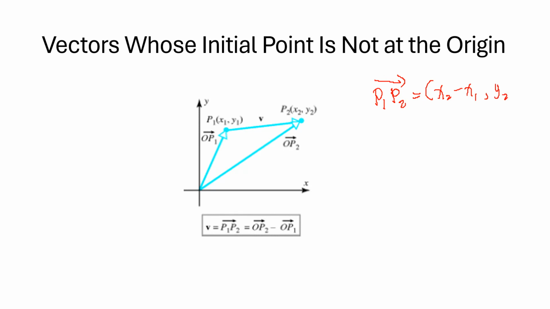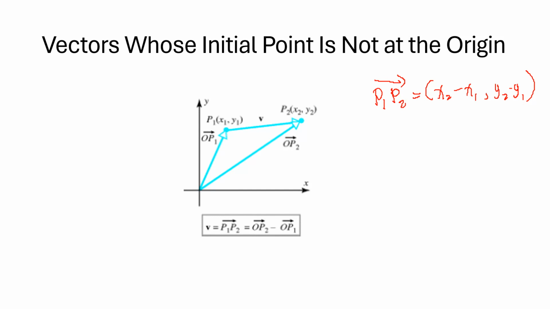That is, the components of vector P1P2 are obtained by subtracting the coordinates of the initial point from the coordinates of the terminal point.